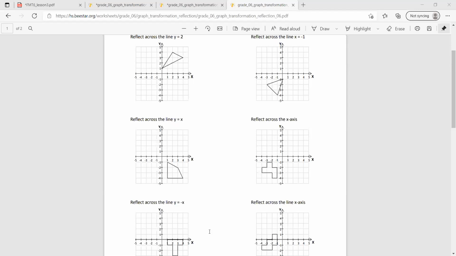Okay, actually I'll just start with it. So the line y equals 2 is this line.